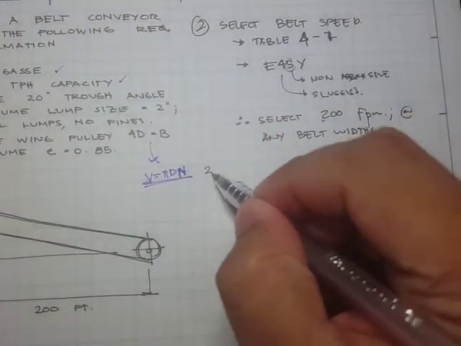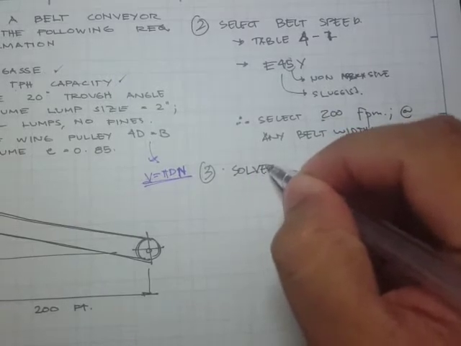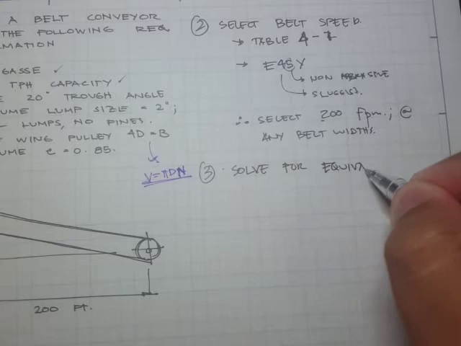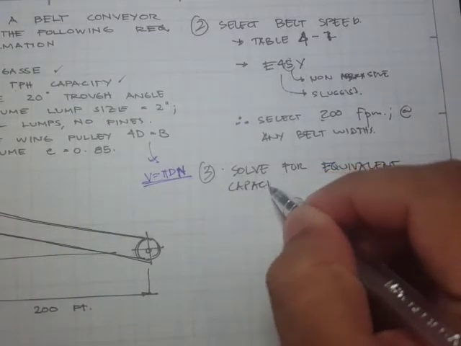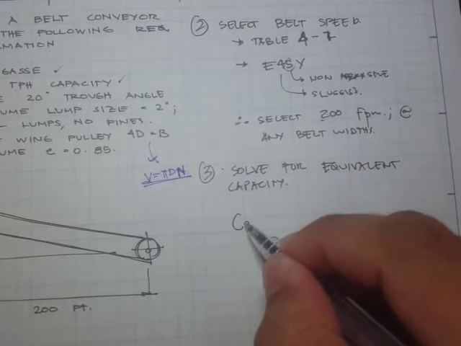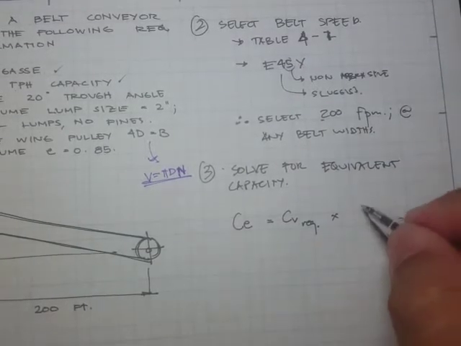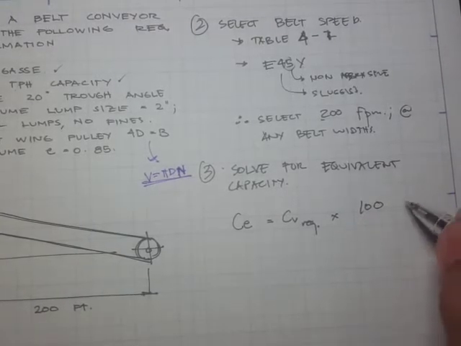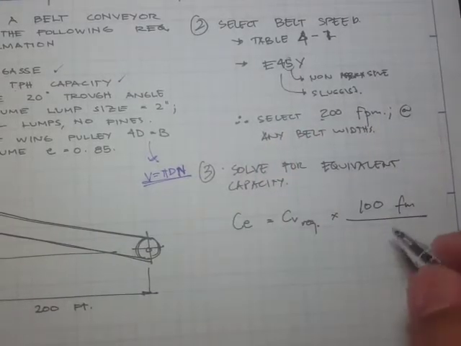The next step is to solve for equivalent capacity. Okay, so CE is equal to CV required times 100 FPM all over the selected belt speed.